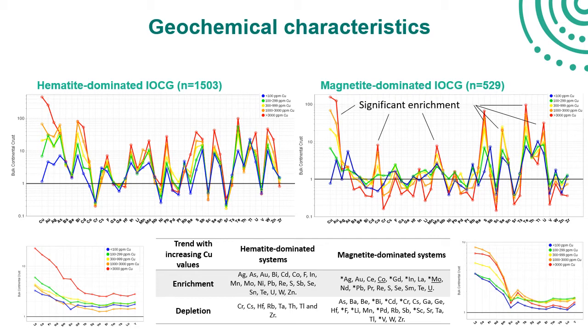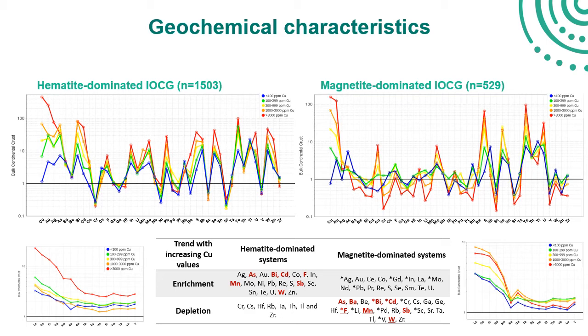So a number of the elements where the red represents the highly mineralized samples are actually below or depleted relative to background samples. But what is particularly interesting is that many of the elements getting depleted in magnetite-dominated systems are those that appear to be unique to hematite systems. And these are now highlighted in red in the table.